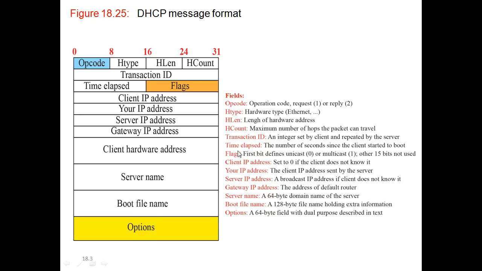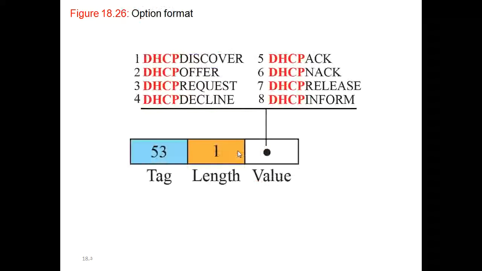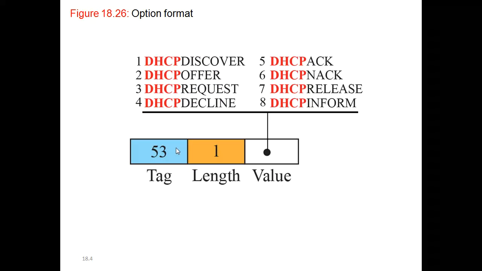Here we need to know the purpose of DHCP and the message format for the communication. Here we can see how exactly the option format is used, and what the DHCP message contains. It has a 53 tag and a length of 1 bit.